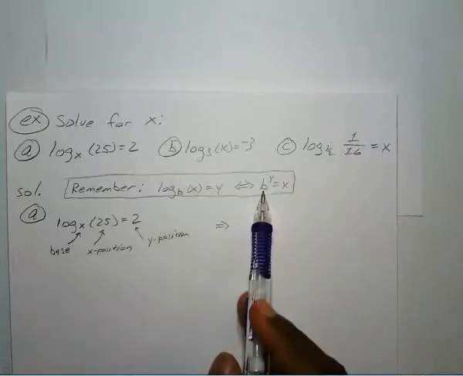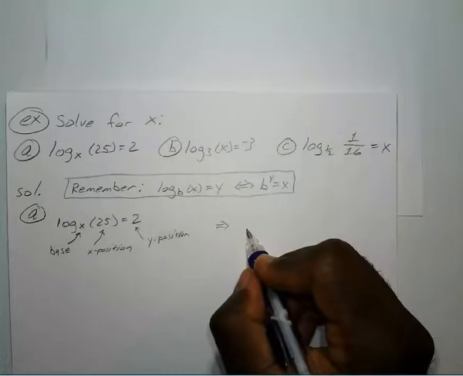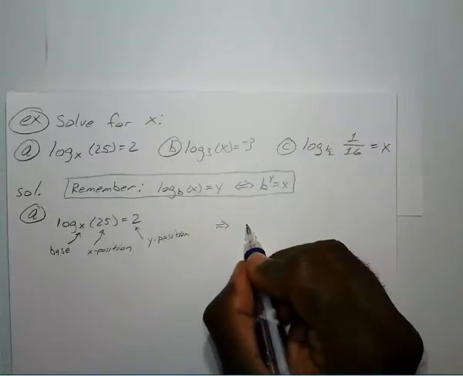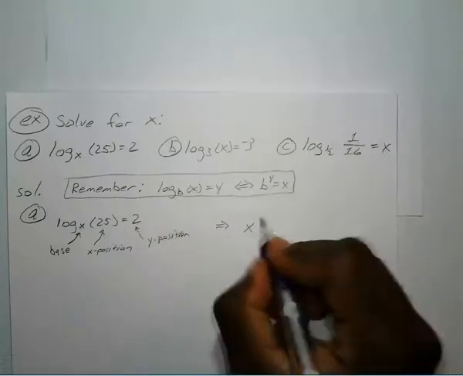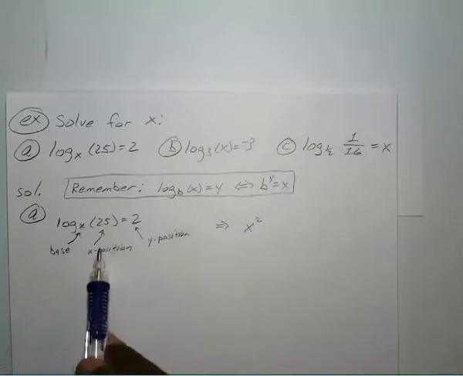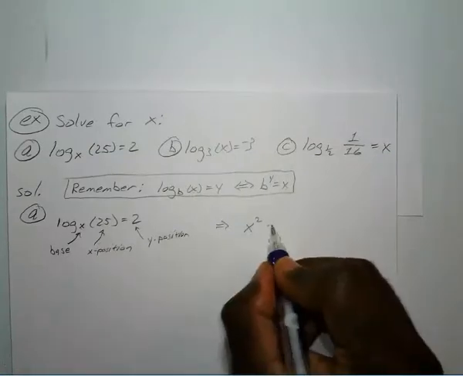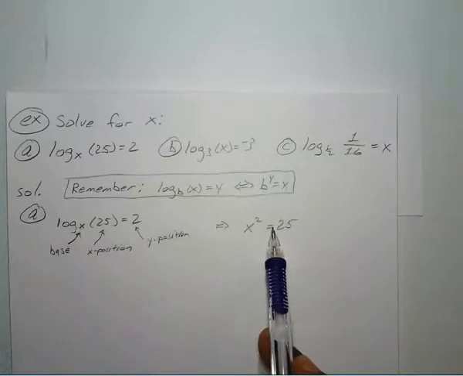So your base, we see that's x. To the power of y, we see that's our 2 here, equals x, or x position, so we see our x is equal to 25. Okay, so we have a logarithmic converted to exponential.